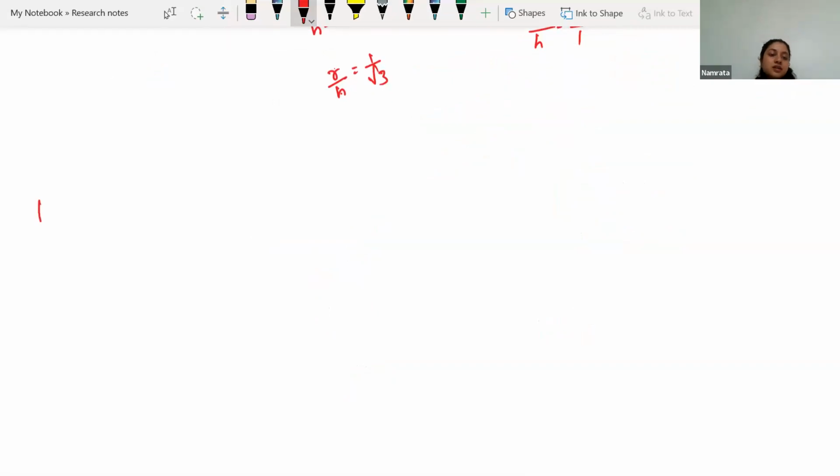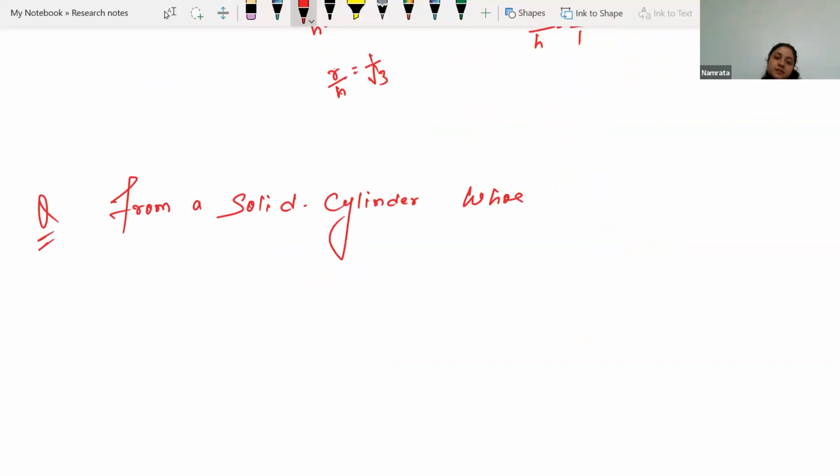From a solid cylinder whose height is 2.4 centimeter and diameter is 1.4 centimeter.